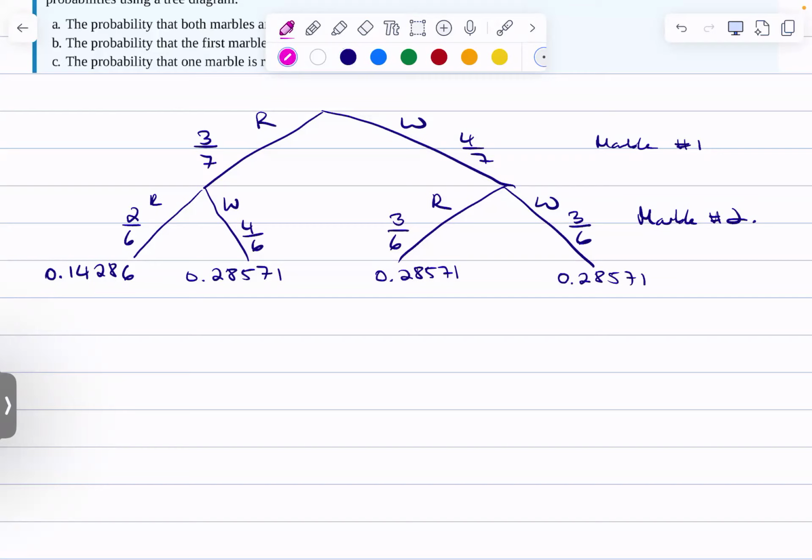Now we can check that the sum is equal to 1. So 0.14286 plus, and I'm going to do 3 times 0.28571. I get 0.99999, but that's just from rounding.